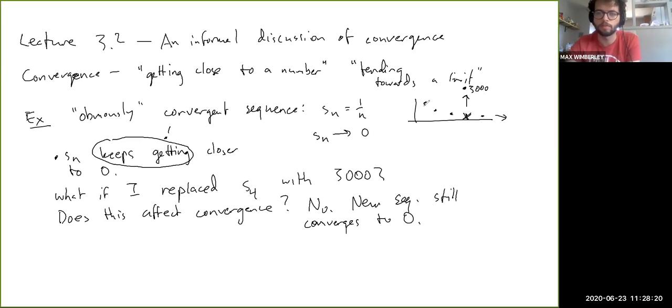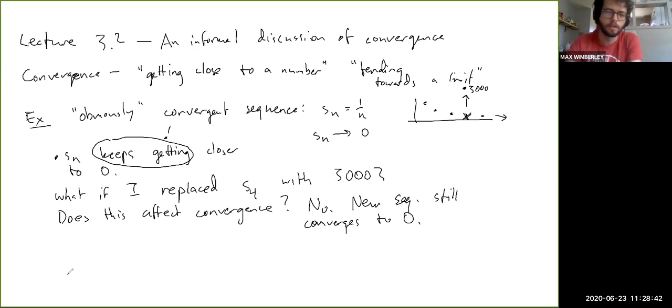Okay, so we have to make our definition in a way that basically ignores stuff that happens early on in the sequence. Of course, again, early on is not a well-defined concept. Like at n equals 1,000, who's to say whether that's still early on or not? So really the idea is that we want to make our definition in a way that basically looks at what happens when you go arbitrarily far out in the sequence.